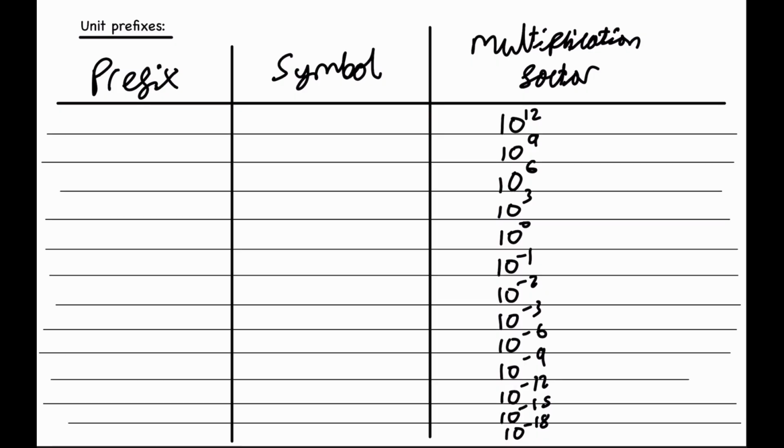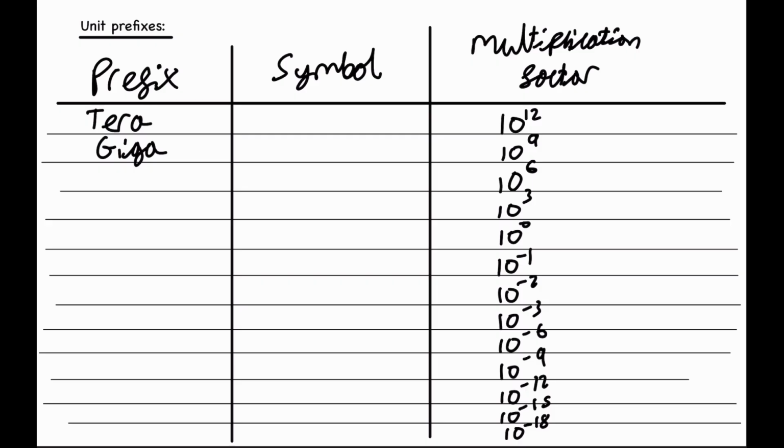So the prefix for 10 to the 12 would be tera. For example, terabytes, terameters, stuff like that. Then 10 to the 9 would be giga, like gigabytes, or gigameters, gigapascals, giganewtons, for example.